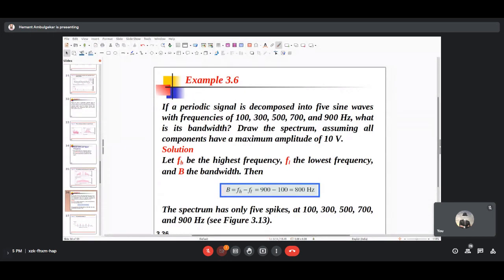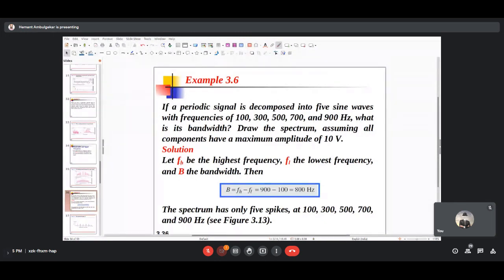We have been asked to find the bandwidth and to draw its spectrum, assuming all components have a maximum amplitude of 10 volts.